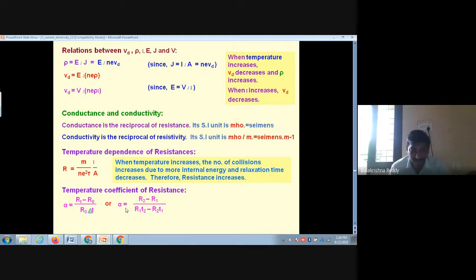We can write alpha equal to R2 minus R1 by R1 into T2 minus T1. Here we have taken R naught. If I take it in terms of R2 and R1, then you will get it like this, with respect to the change in temperature.